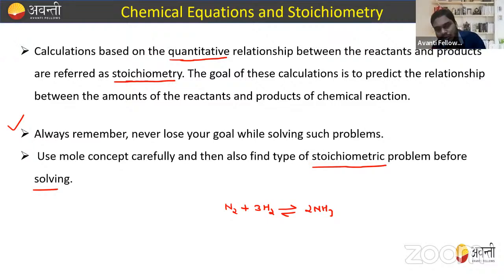Let's see some different types of problems so that we understand what type of questions they generally ask, and what is the right procedure to solve such questions. I hope this is clear to you.